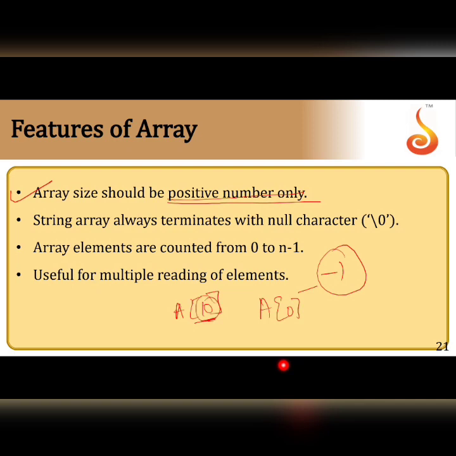The string array always terminates with a null character or a string terminator. We had done this, how to read a string till the end of string is encountered. End of string is nothing but whenever you enter a string, the compiler appends a null or a string terminator, which is the last element of a string, which is nothing but \0, and a string is again an array of characters.